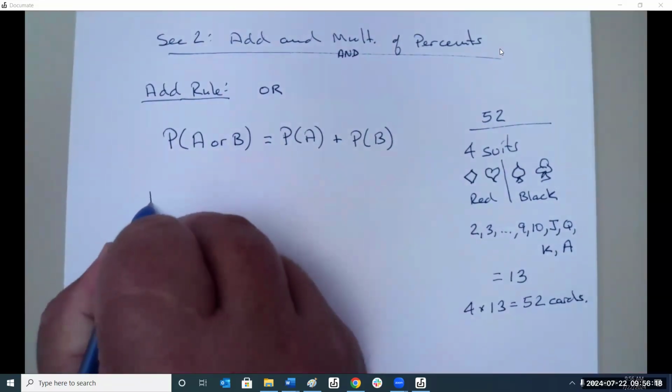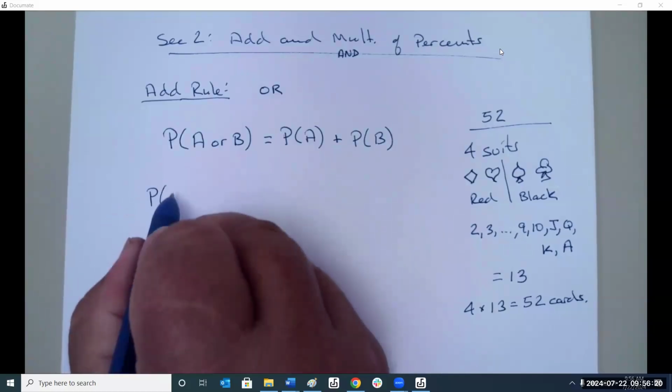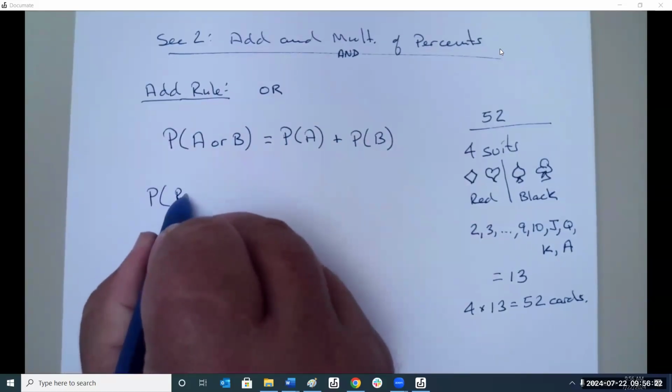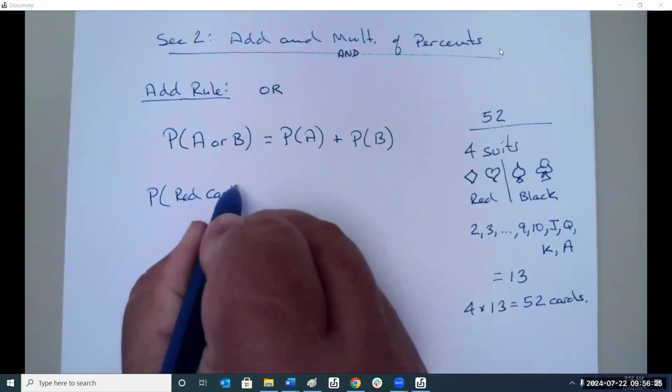So now my probability, what's the probability of getting a red card?